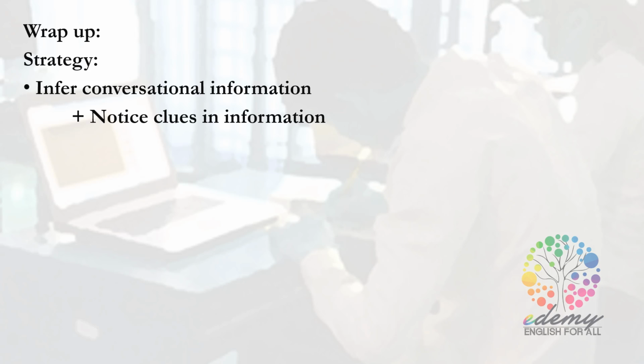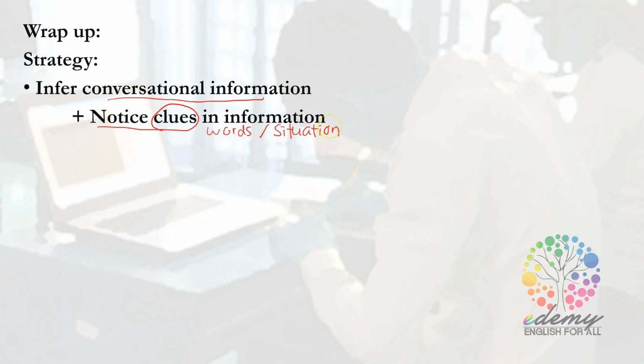Okay, today what you have learned is a strategy to infer conversational information. And how you can infer the conversational information is that you notice the clue in the information. The clue can be a word or it can be a situation itself.